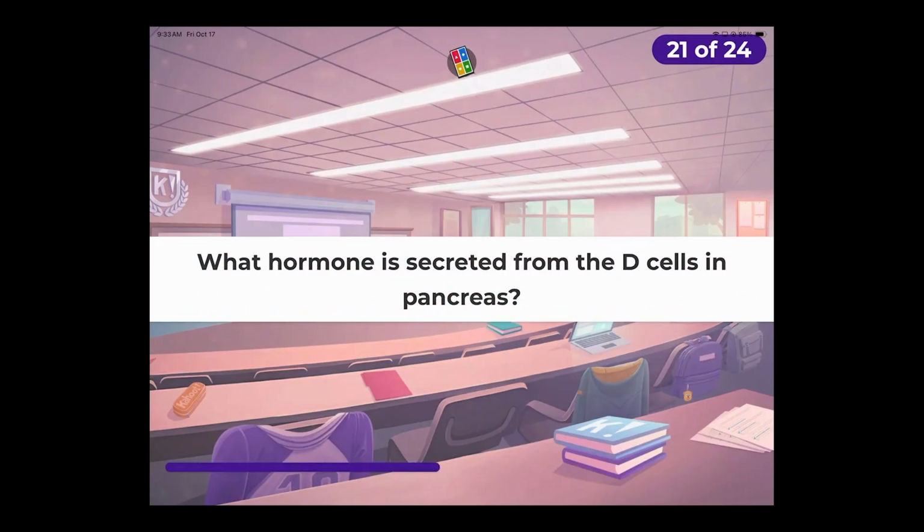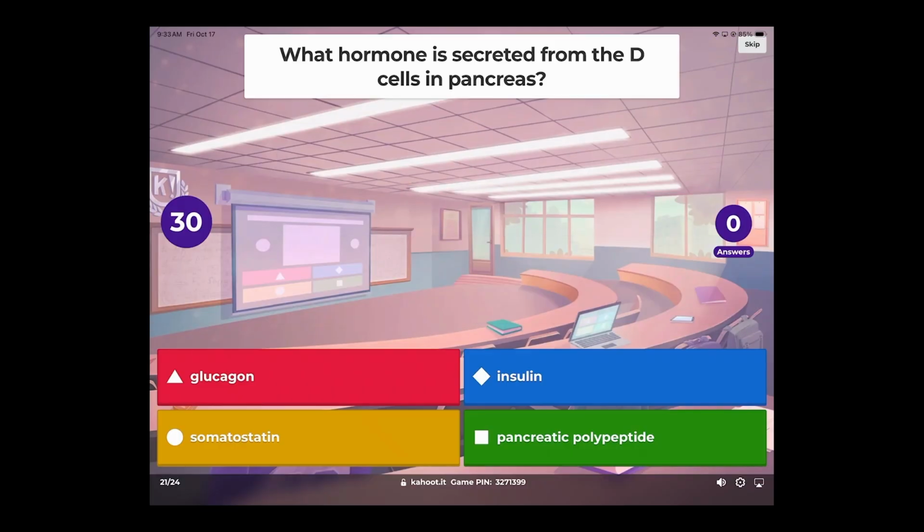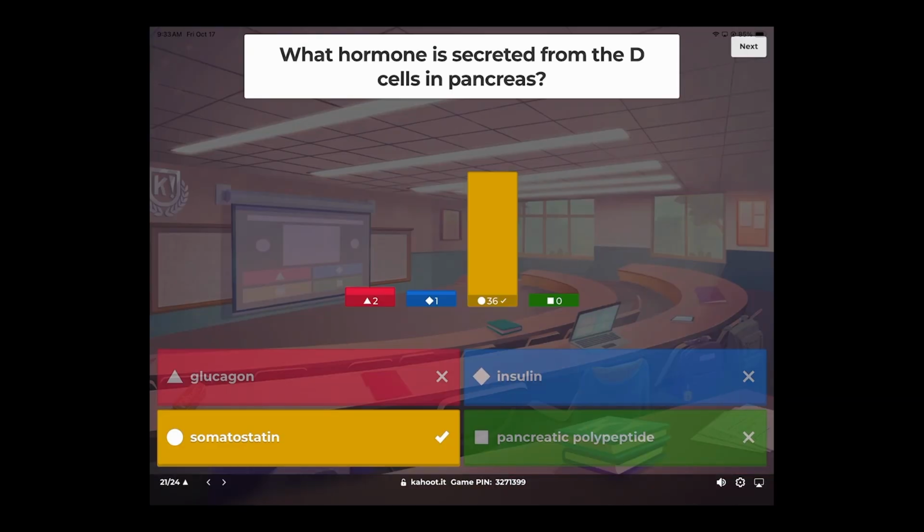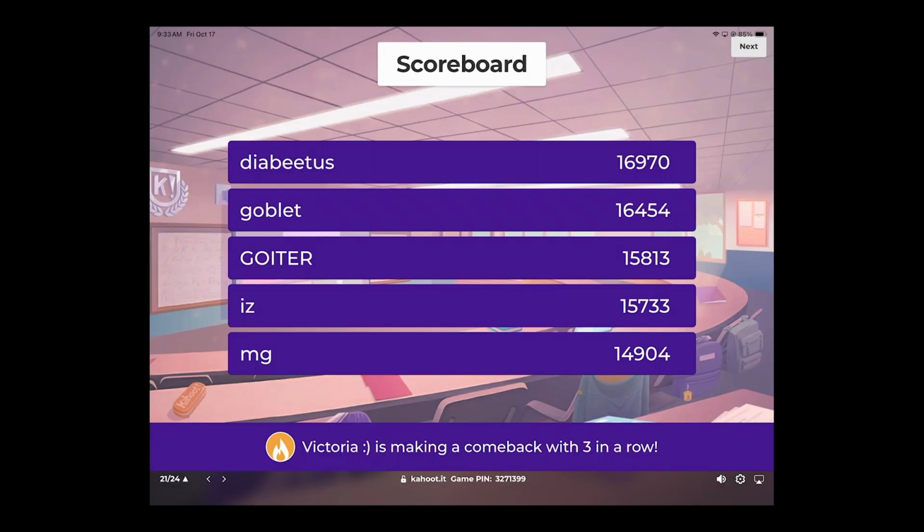Okay, what hormone is secreted from the D cells in the pancreas? What do the A cells secrete? B, beta, F, pancreatic polypeptide. The pancreatic polypeptide is F. So your D cells are your somatostatin.